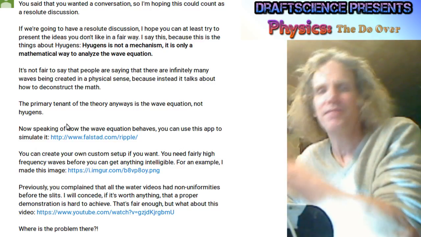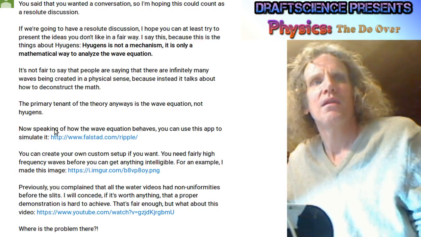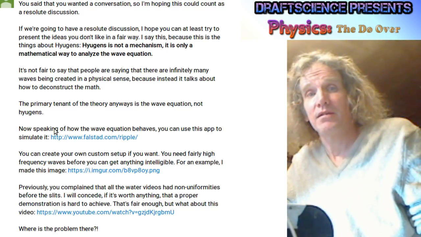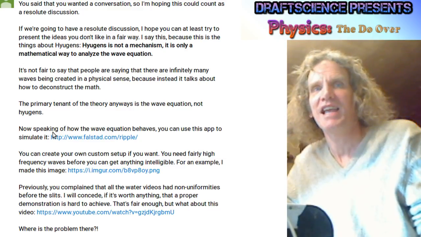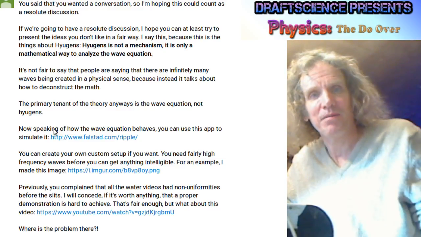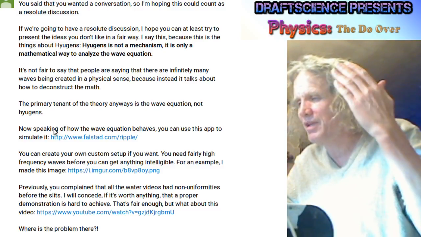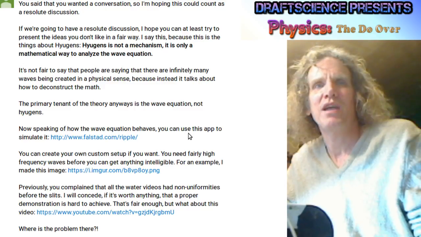So he's quite convinced Huygens, because he was Dutch, is a real thing. Great clockmaker, but I hate Huygens. Just like I said, there's lots to admire about him, but this stupid wave crap has ruined physics. Now, speaking of how the wave equation behaves, you can see the app to simulate it.